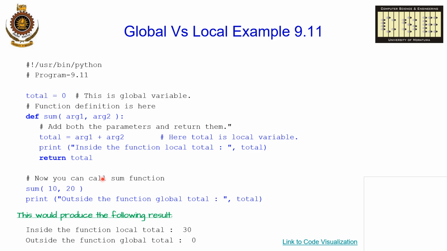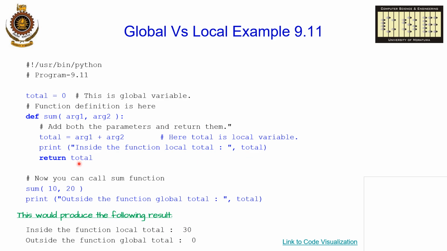When you call this function named sum with two arguments 10 and 20, total gets assigned 10 plus 20, which is 30, and it prints inside the function the local total. This one is obviously 30.